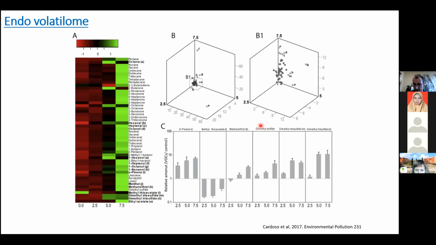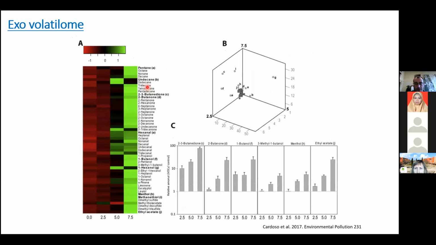We also observed a general increase in the volatile sulfur compounds here. We highlighted some of them. Also this monoterpene, alpha-pinene. And here we observed a decrease in methyl thioacetate, and we found out that since this compound also originates from methanethiol, and this is the same with these volatile sulfur compounds, since the bacteria were producing these ones, they were not producing methyl thioacetate. But just to show that the volatile organic compounds of the bacteria are changing. Their amount is changed because of the exposure to the metal.